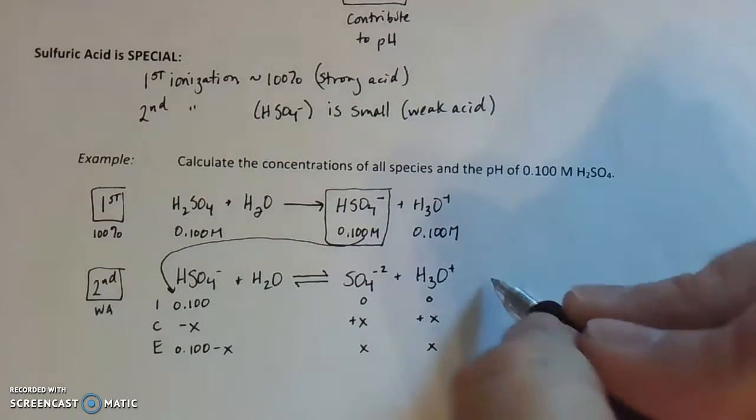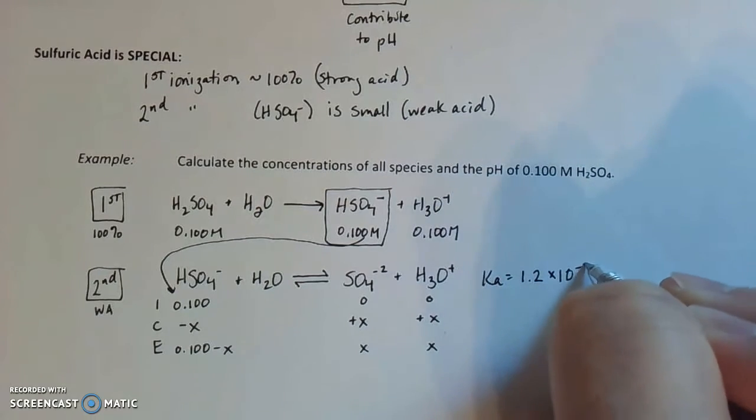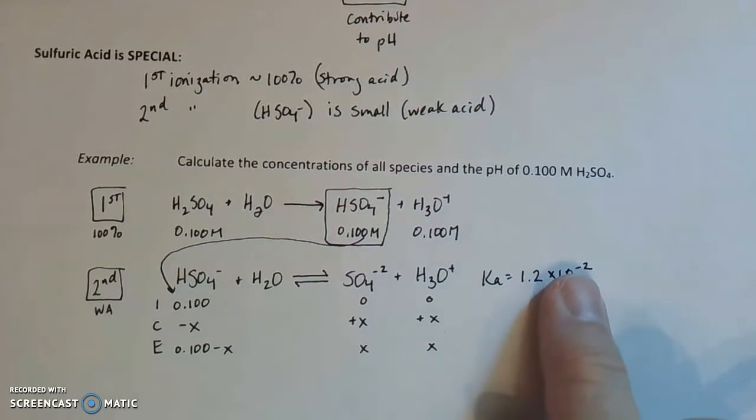And we have to look up a Ka value. Now, unfortunately, our Ka value is pretty large for this one. So that means that we're going to have to use the quadratic formula.